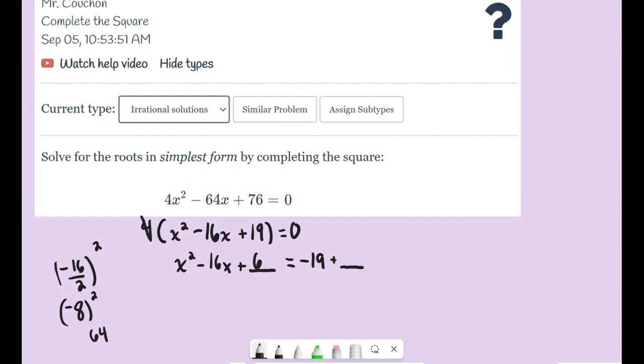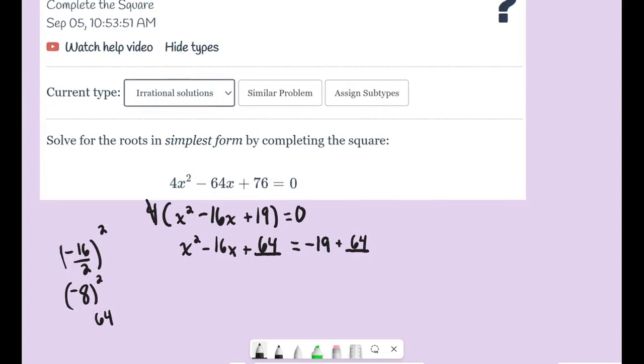So I'll put 64 over here. Now on this side, I've got x squared minus 16x plus 64, a perfect square trinomial. That's going to be x minus 8. I got that from using this value. x minus 8 squared equals, I think that's going to be 45.